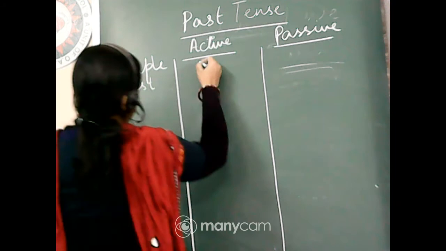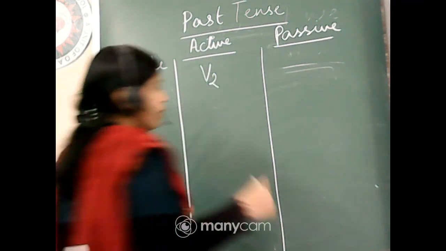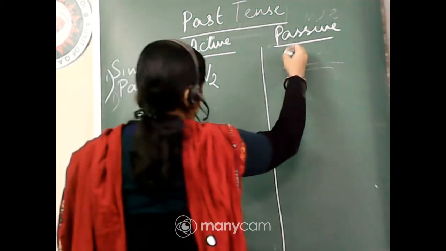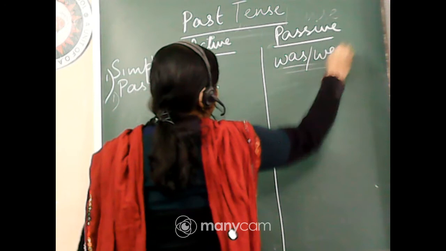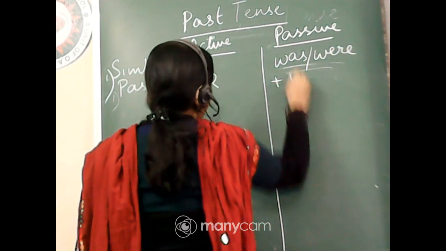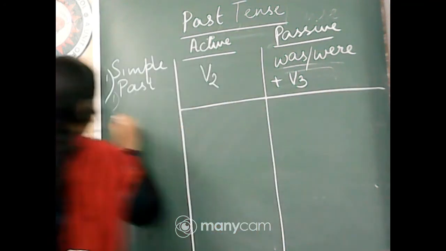So simple past, in the main verb it will be V2 form, that is the past form of the verb. In the passive voice it will be was or were plus V3 form. Okay, that is the third form of the verb for the passive voice.